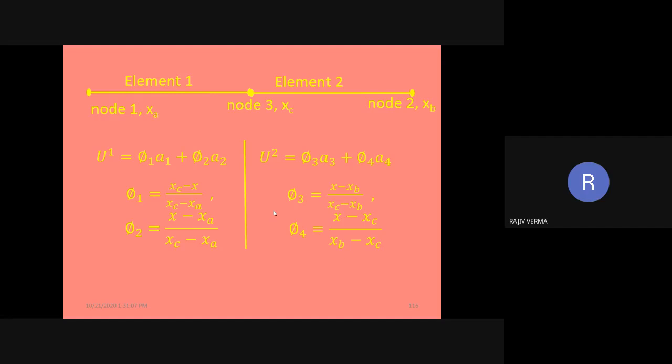Now the equations of element number 1 itself can be derived as we have derived the equations in the previous case when the entire domain was a single element. This derivation we have already done in the previous slides.